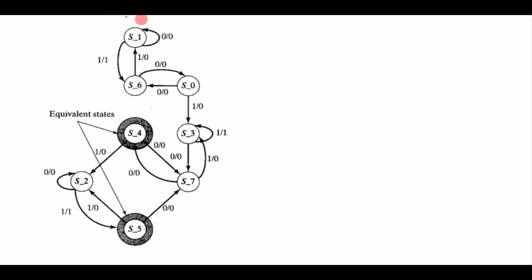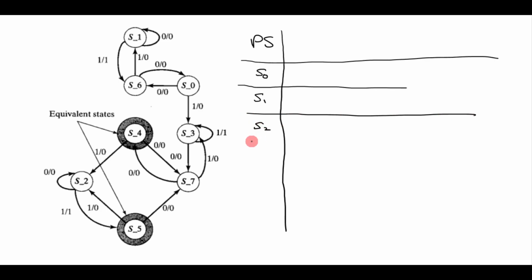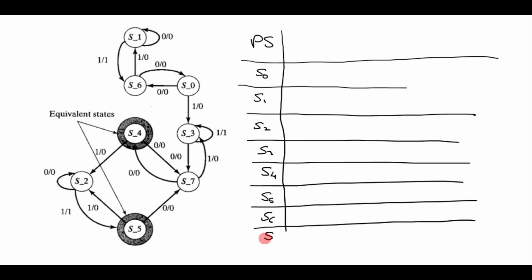From this state transition graph you have present states, which are S0, S1, S2, S3, S4, S5, S6 and S7.